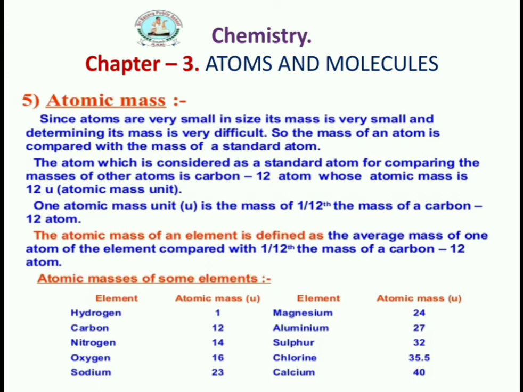So atomic mass is different from atomic number. Is it clear, my dear students? What is the atomic mass of hydrogen? 1. What is the atomic mass of sulfur? 32. You should remember these, otherwise you can purchase a periodic table.